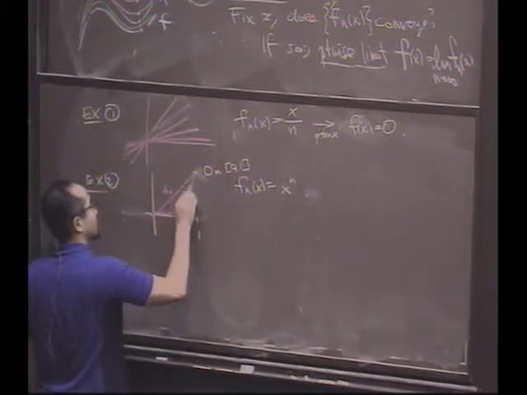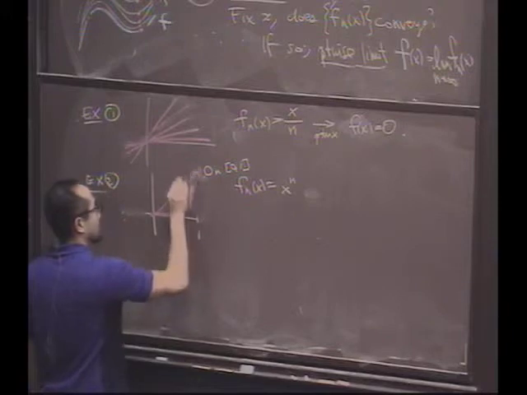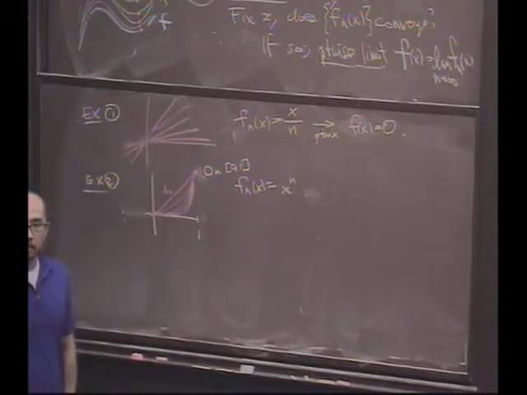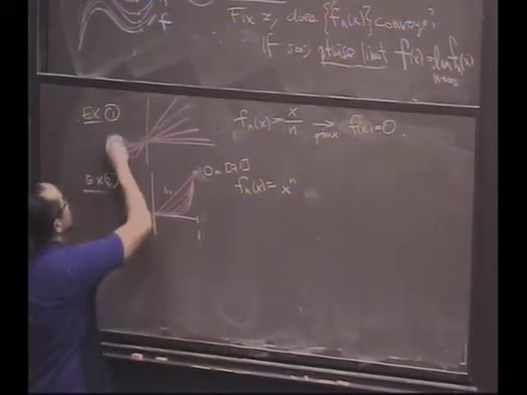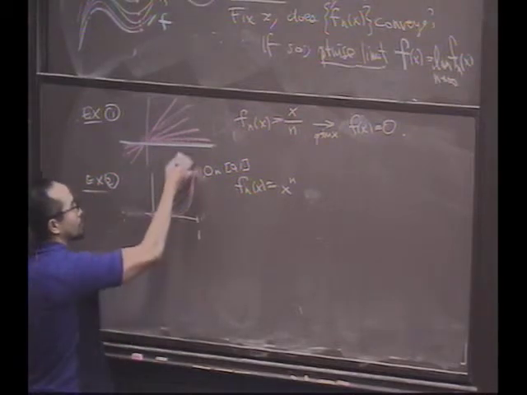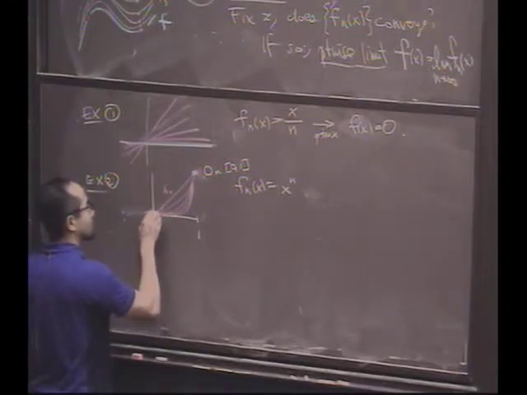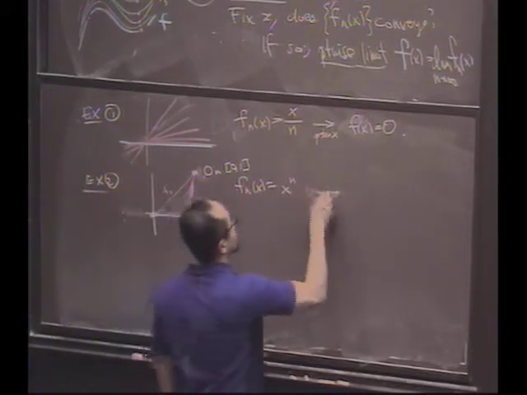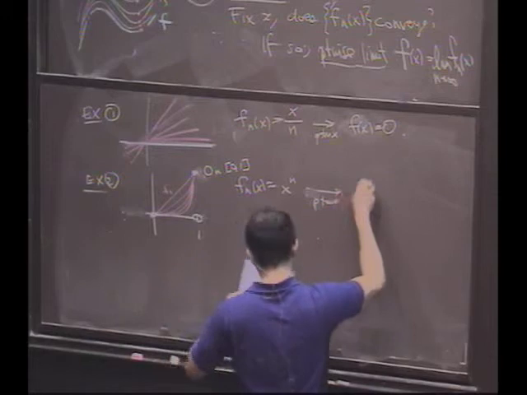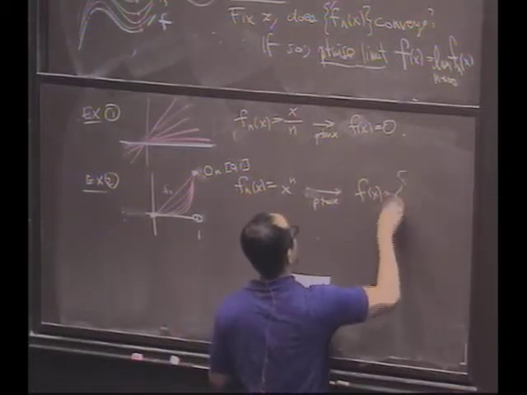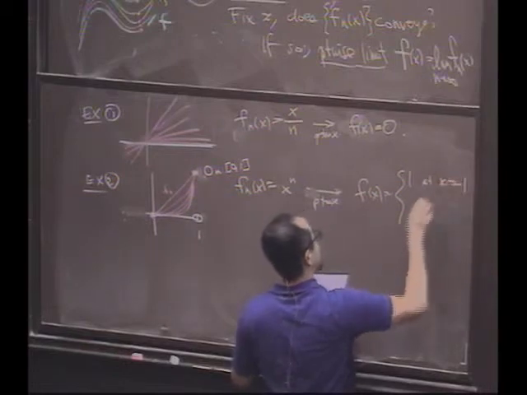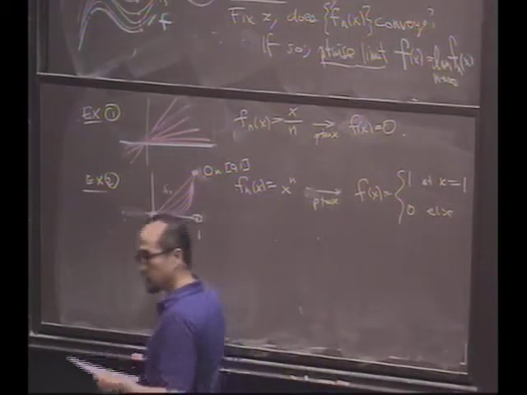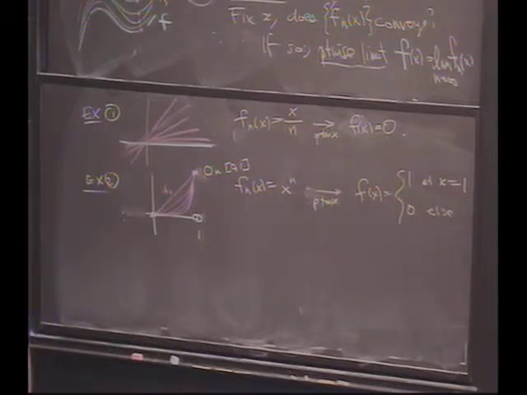What's f4? x to the fourth, etc. Does this converge pointwise? To what? Zero? What about at 1? It stays at 1 for 1, and everywhere else, 0. Interesting. So it converges pointwise, but to the function f of x equals 1 if x equals 1, and 0 else, on [0, 1] only.